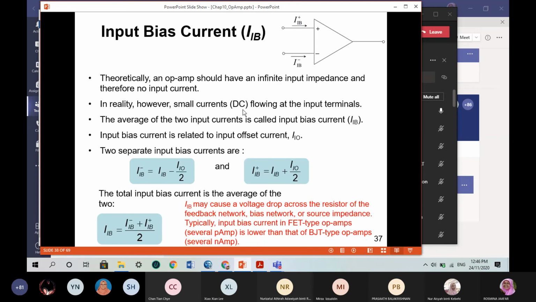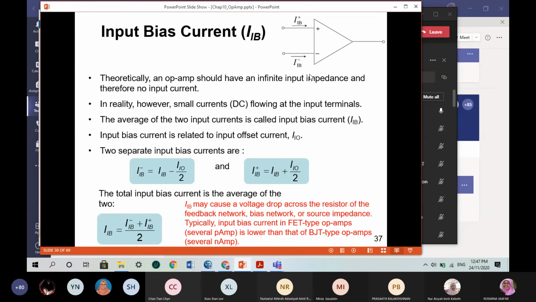The input bias current, when you have IB plus and IB minus. Theoretically an op-amp should have an infinite input impedance and therefore no input current. But in reality, there will be small DC currents flowing at the input terminals, and the average of the two input currents is called the input bias current.